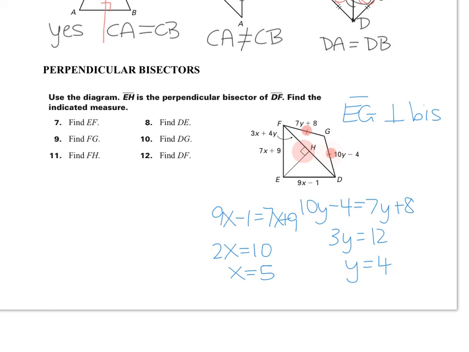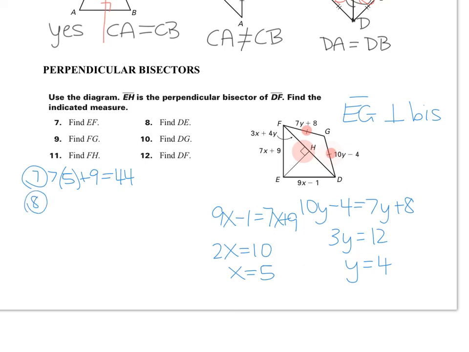So I have both variables, so then it's just a matter of substituting in. So EF is 7x plus 9. So 7 times 5 plus 9 is 35 plus 9 is 44.